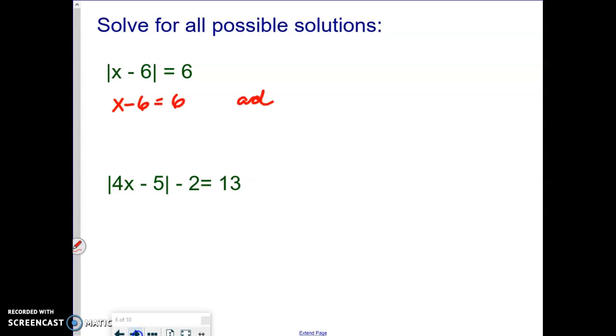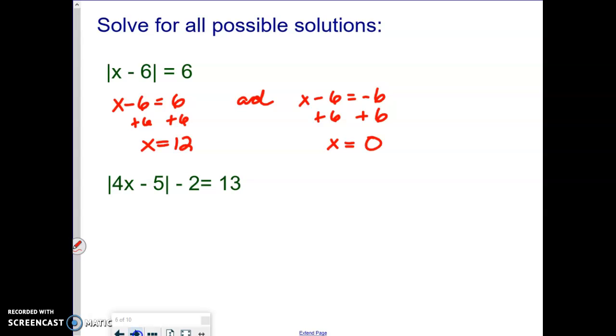And the other possibility is that x minus 6 could equal negative 6. Those are the two things that could happen. So I'm going to go ahead and solve these. If I add 6 to both sides here, I'm going to get x is equal to 12. Here, if I add 6 to both sides, I'm going to get x is equal to 0.